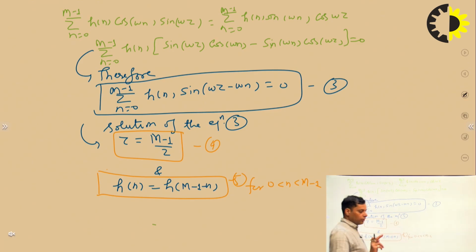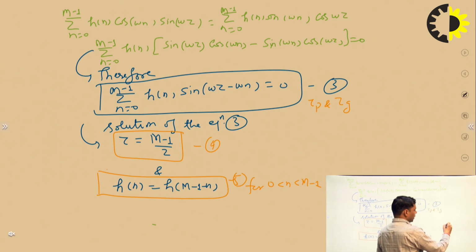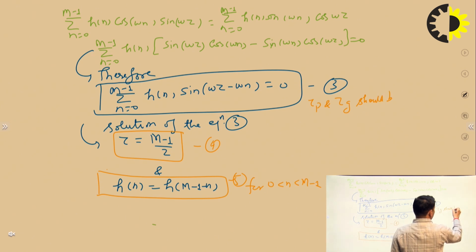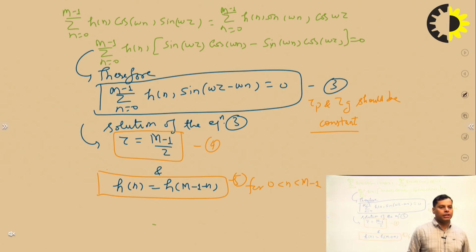Also, tau p and tau g, the phase delay and group delay, should be constant. If we check the linear phase characteristic, tau equals m minus 1 by 2, and the impulse response h of n should equal h of m minus 1 minus n.